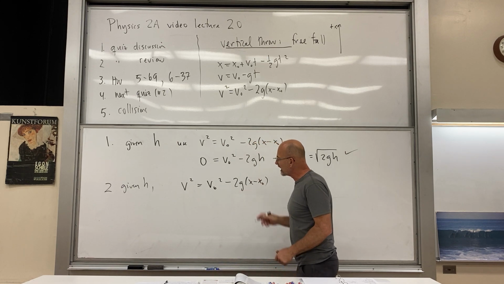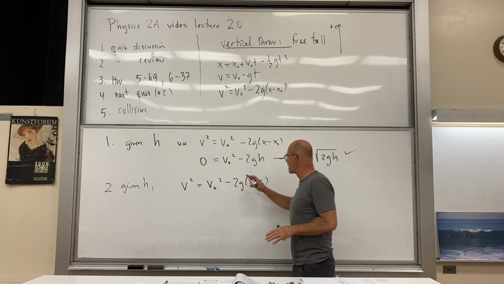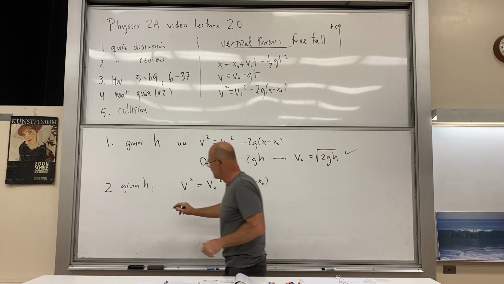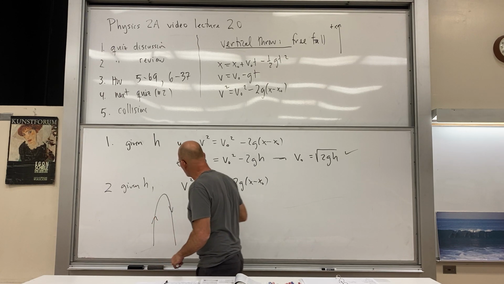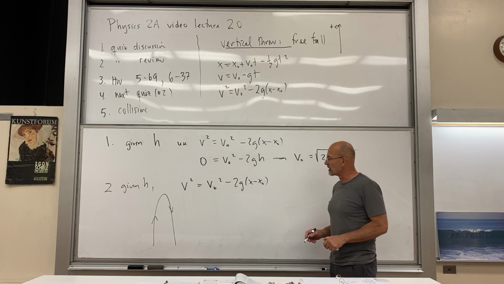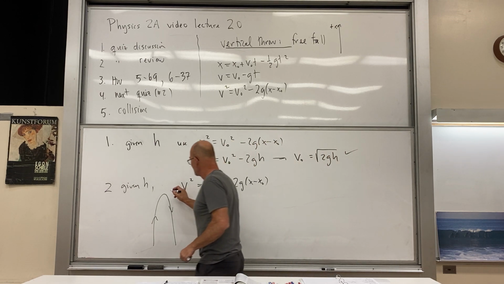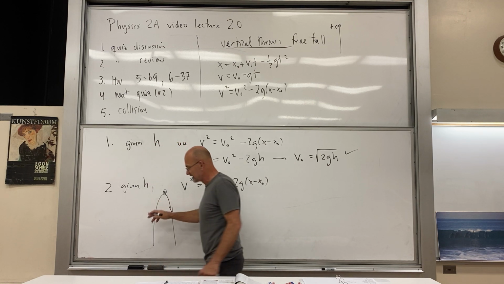But this time, to be more efficient and not even return to the first problem, you remind yourself that you throw something up and it comes back down. Throw it up and it comes back down. So you can imagine it's the same thing as releasing it from rest up at the top.